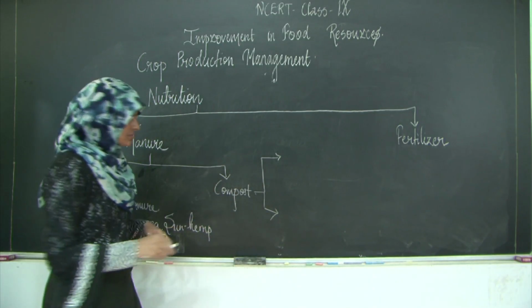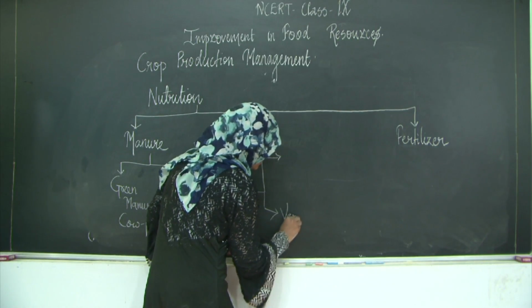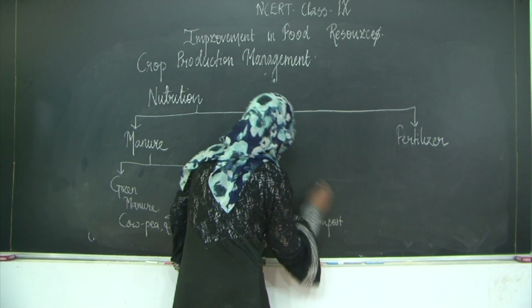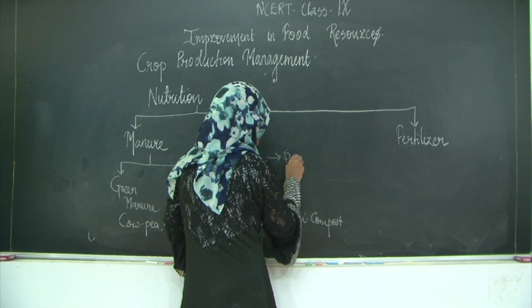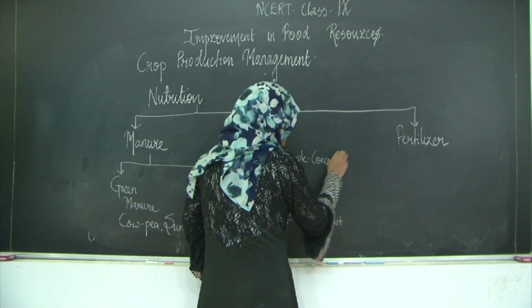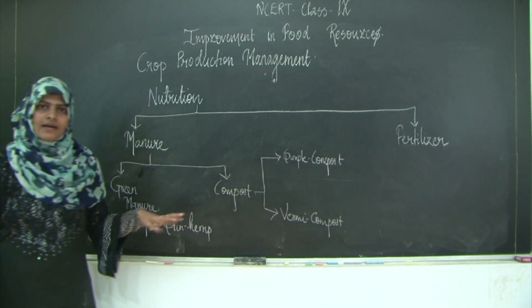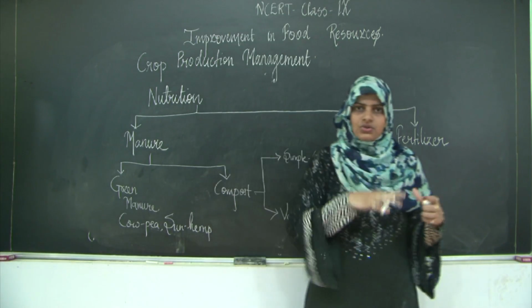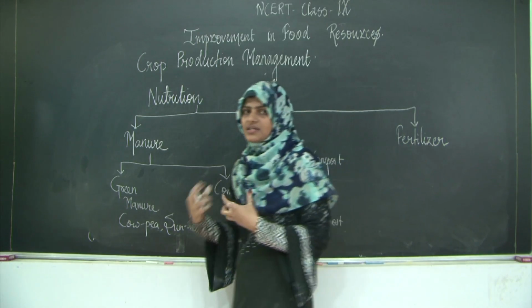Now composting again can be of two types: simple compost and then vermicompost. In simple compost, you just take all the waste of the plants and animals and dig a big pit, and then you keep on adding them, and then you close the pit so that the soil will use the same compost as the manure.